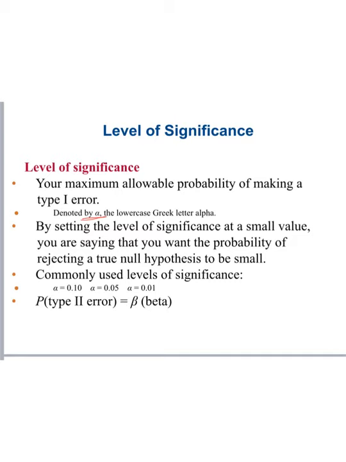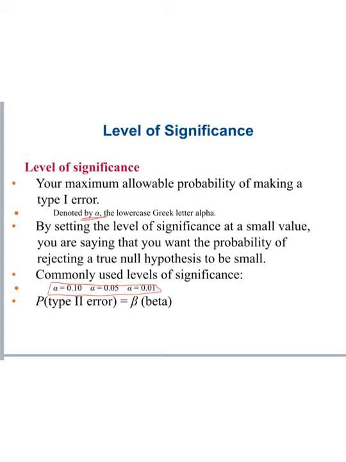Commonly used levels of significance, here they are: 0.1, which is 10%, 0.05, which is 5%, 0.01. There are more, of course. I could have 0.08, which would be 8%, but anyway. Type 2 error is beta and doesn't show up too much in your textbook, but I just mentioned that.